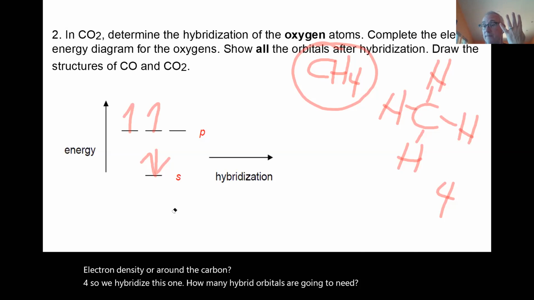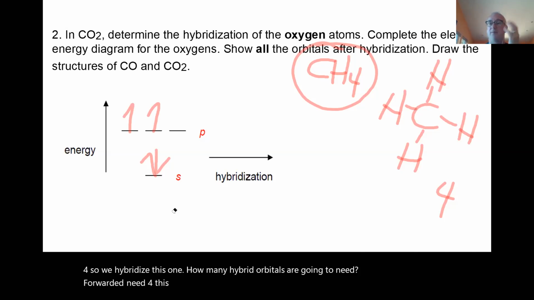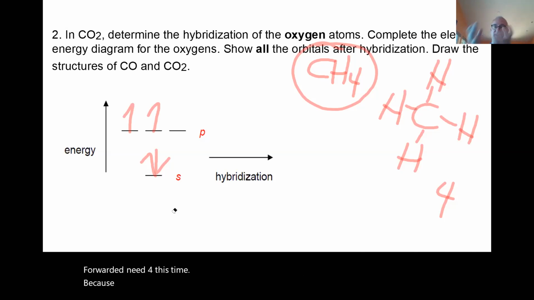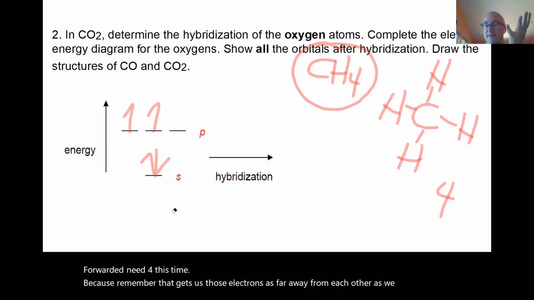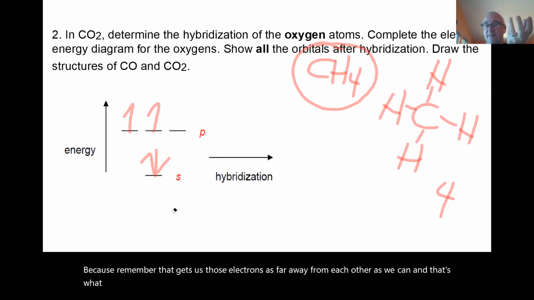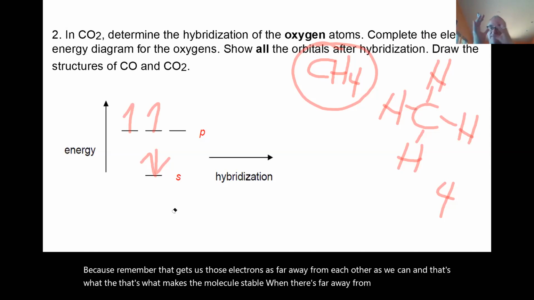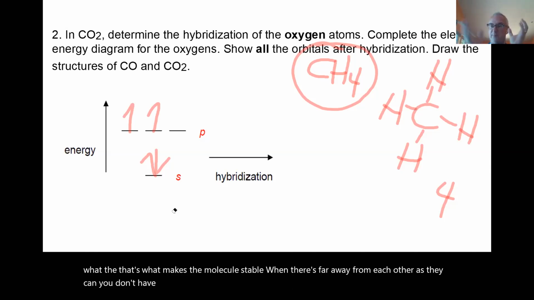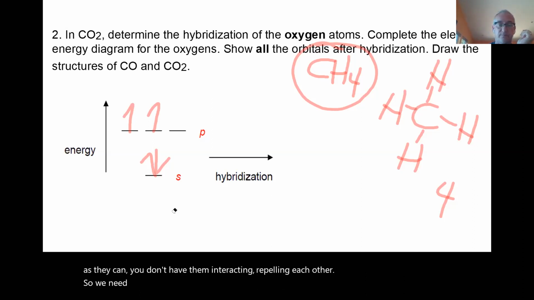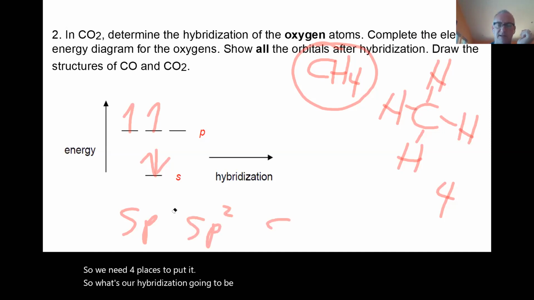We're going to need 4 this time, because that gets those electrons as far away from each other as we can, and that's what makes the molecule stable. When they're as far away from each other as they can, you don't have them interacting, repelling each other. So we need 4 places to put them. So what's our hybridization going to be? sp, sp2, or sp3?